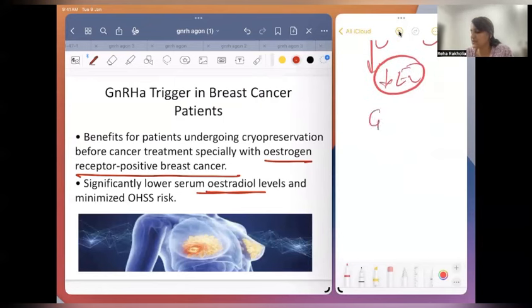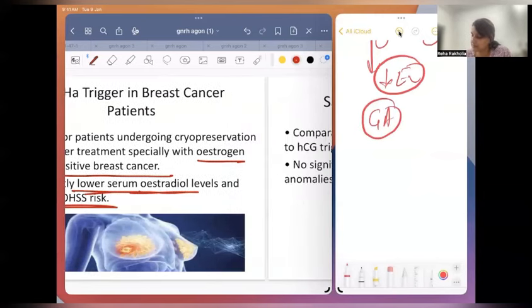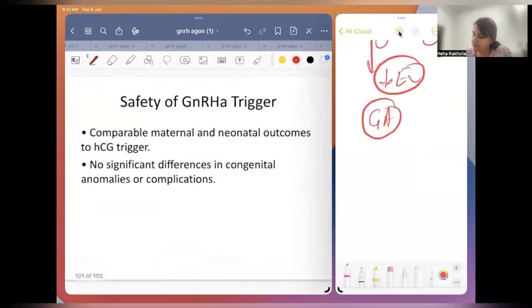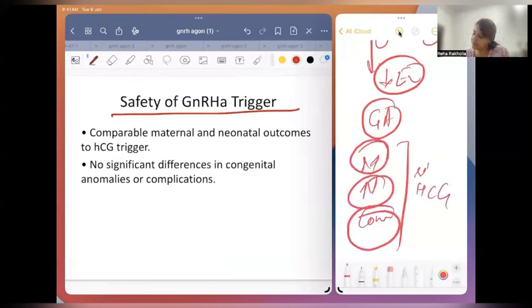So we can use GnRH agonist, which causes lower serum estradiol level and minimizes OHSS risk. Then safety of GnRH agonist trigger: maternal outcome, neonatal outcome, and congenital anomaly are all similar to HCG.